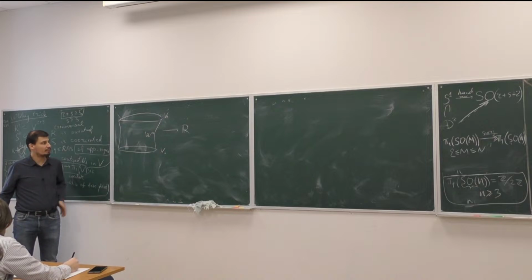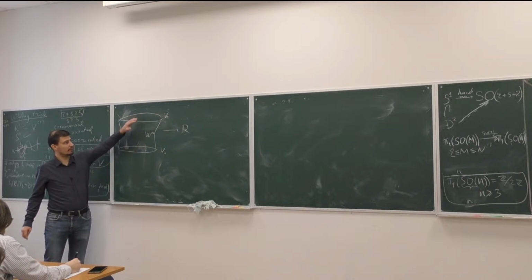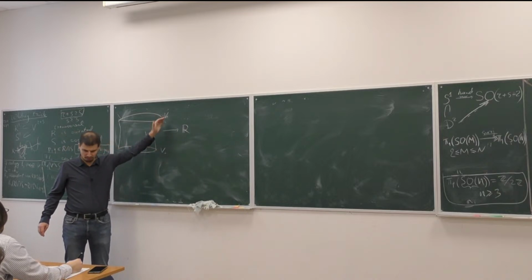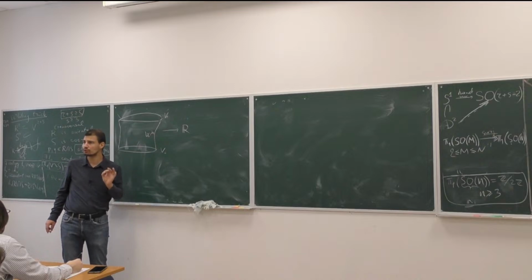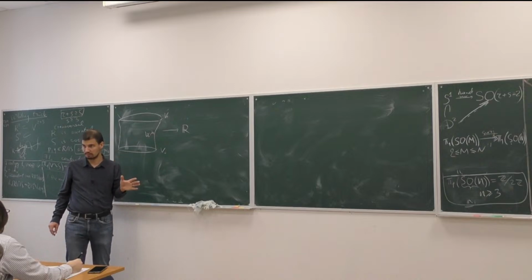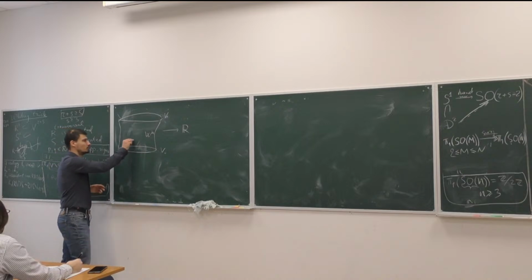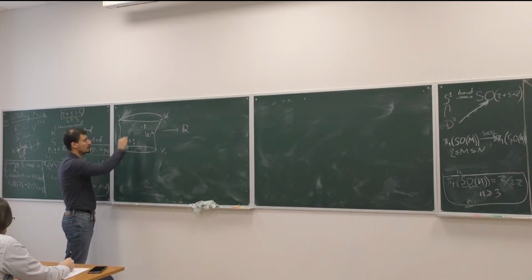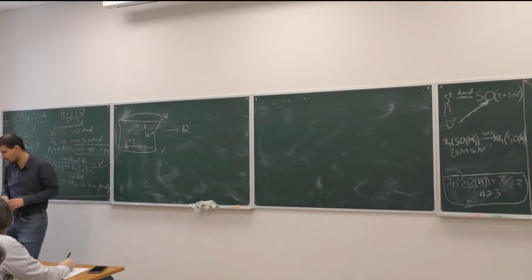Assume that this Morse function, as usual, is constant on V0, constant on V1, and has no critical points on the boundary, and only two critical points inside. So we have two critical points P and Q of indices lambda and lambda plus 1. And I would like to cancel these two points.